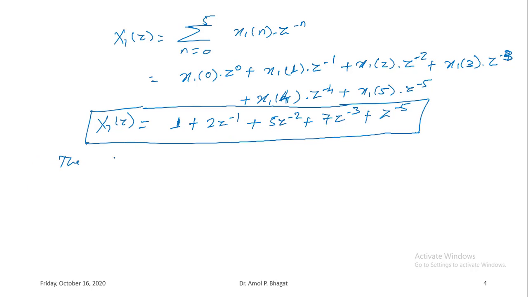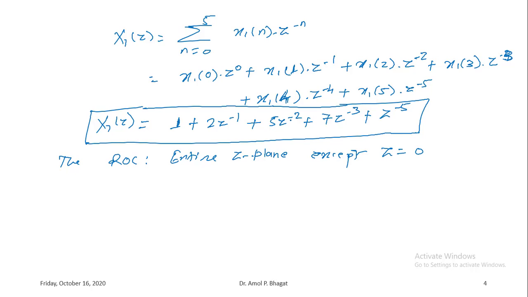So the ROC of this x1 of z will be the entire Z plane, that means all values of z except z equals 0, because if I substitute z equals 0, it will be 1 upon 0, so it will be infinity.